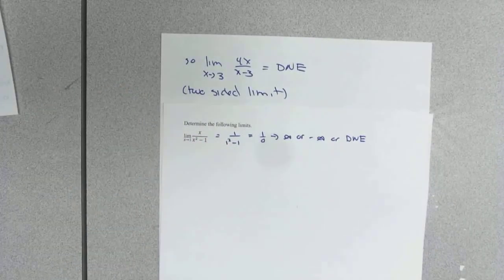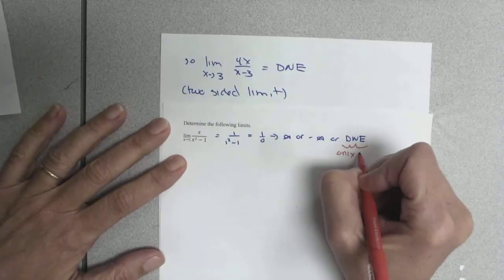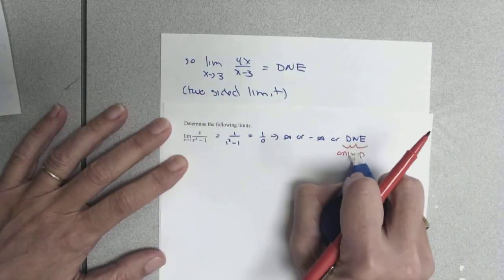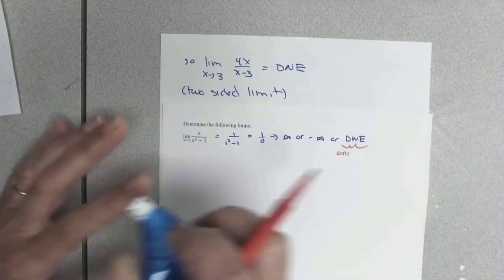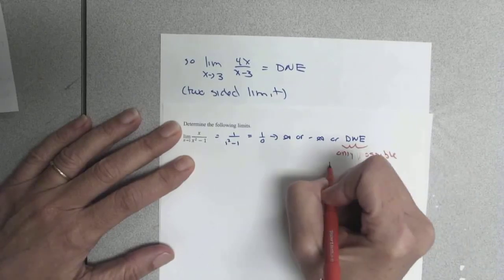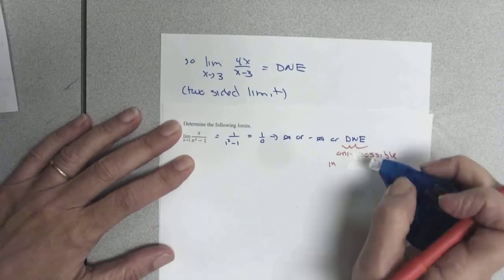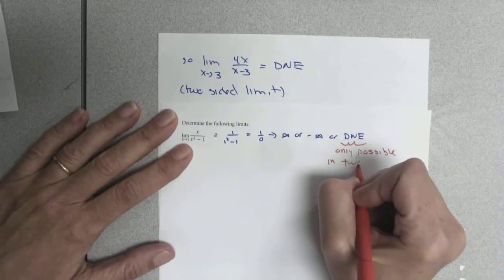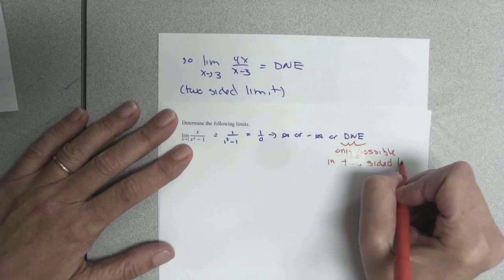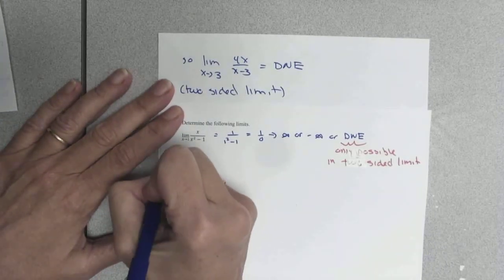And because it's a two-sided limit, now important, the does not exist is only possible in a two-sided limit. If it's a left or right limit, the answer is either going to be infinity or negative infinity, as the case may be.